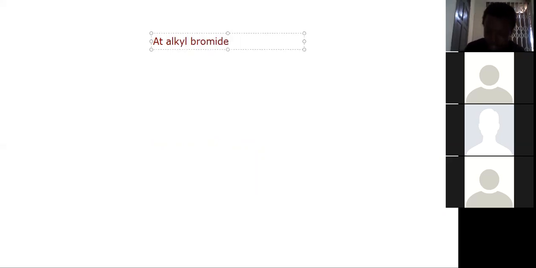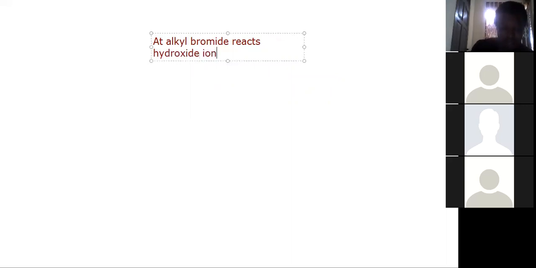Alkyl bromide reacts with hydroxide ions in one step as follows. So this is the step.